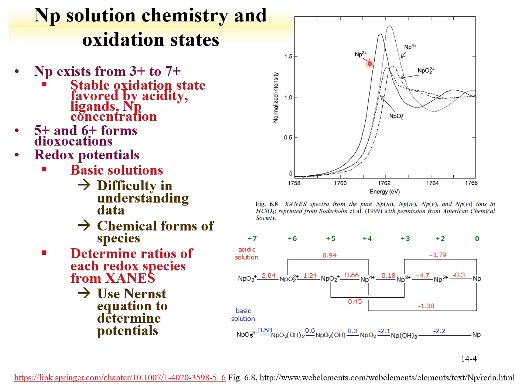And we see the Neptunium-3 absorbs early, and the 4, the 5 and the 6 have a behavior that's indicative of this oxygen. And this information can be used to determine the ratio of different oxidation states in the solutions examined, and by using the Nernst equation, the redox potentials can be determined.